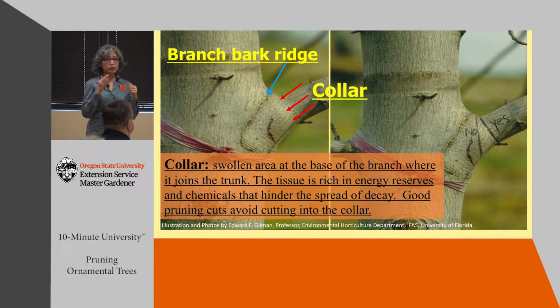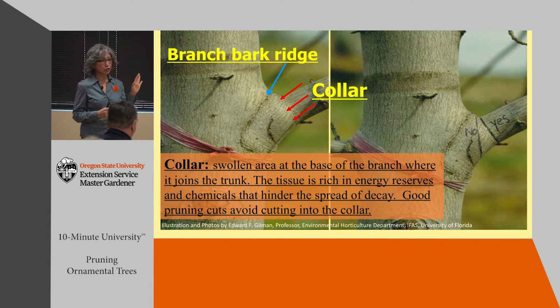And where to put that clean cut can be a challenge for gardeners because it is usually not a flush cut. It is usually a little farther out than we imagine. And that is because we want to make the cut in a way to preserve the branch collar.